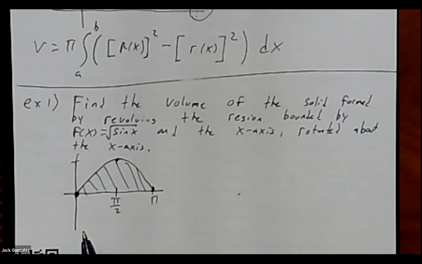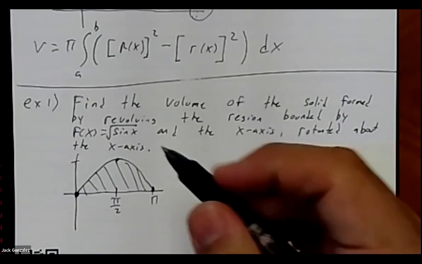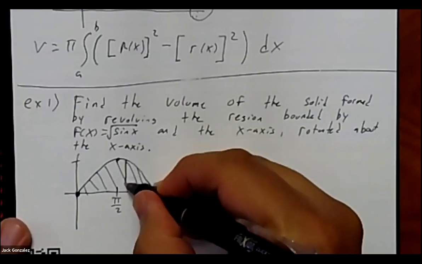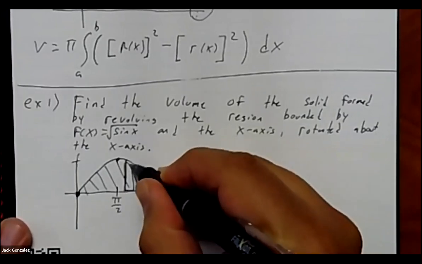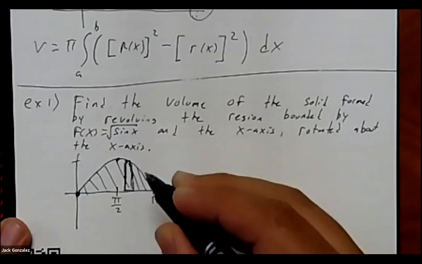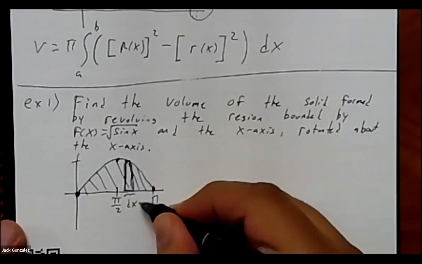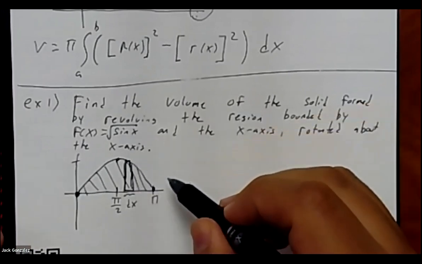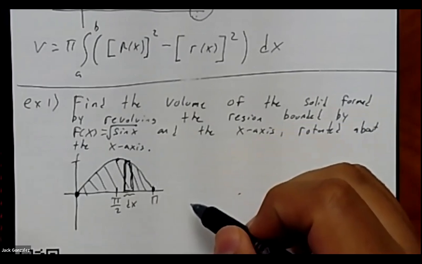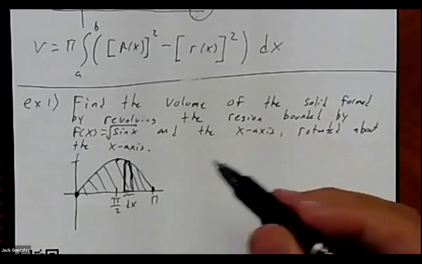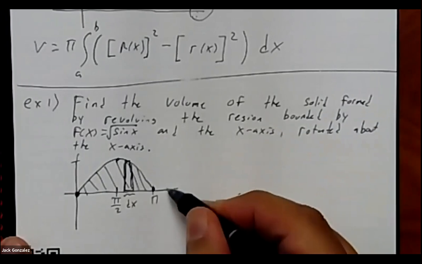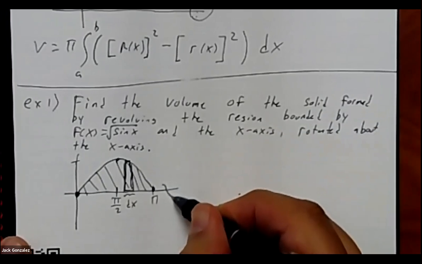But here you can only use vertical slice. So the top of the region is where my rectangle goes, to the bottom. This is my delta x. So the slice determines the technique you're going to use. But since they already told me, I don't have to worry about any of that, at least not yet.